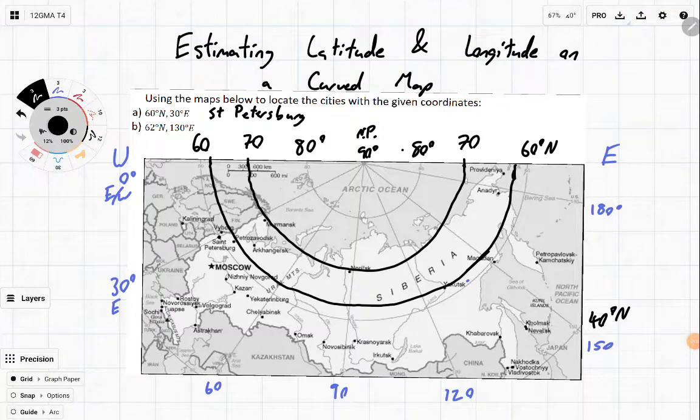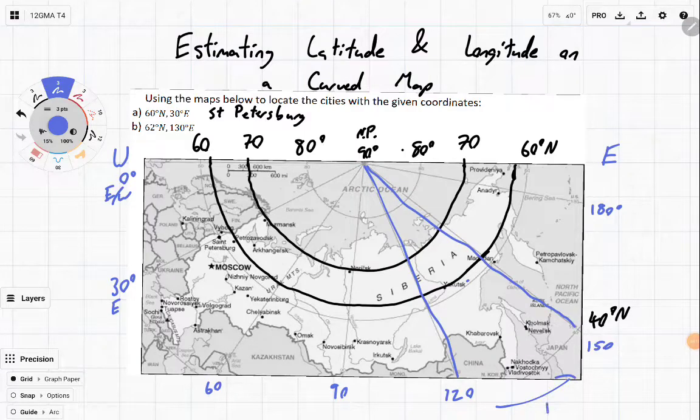Alrighty, so it's going to be a little bit north of 60 degrees, and it's going to be 130 degrees to the east. 130 is, this is 120, and this one is 150. So 130, well, that's plus 30. So for 130, we need to break this into thirds.